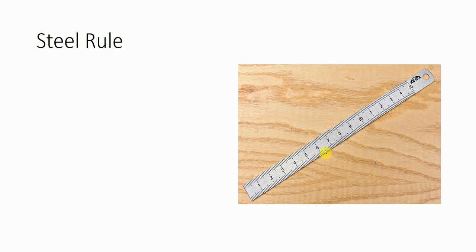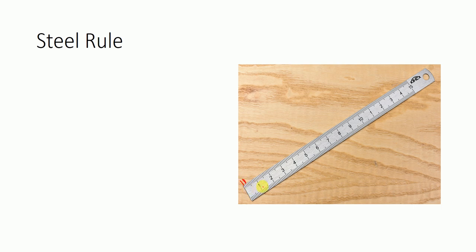On the steel rule in this picture, the dimensions are given in millimeter, so the scale is graduated in millimeters. The distance between two lines here is 1 millimeter.